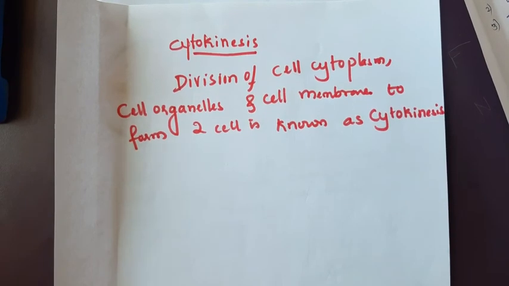Okay, next, cytokinesis divides the cell into two daughter cells, which forms two identical cells.